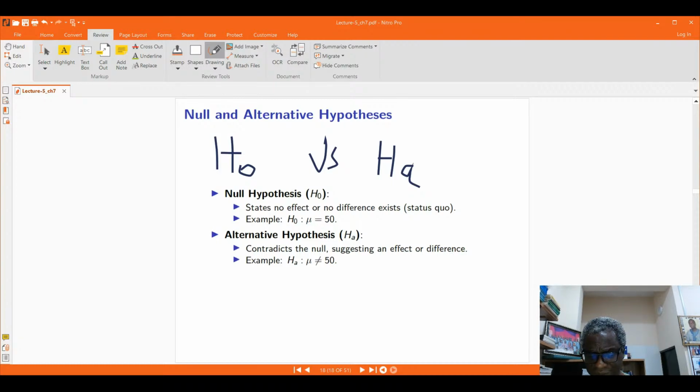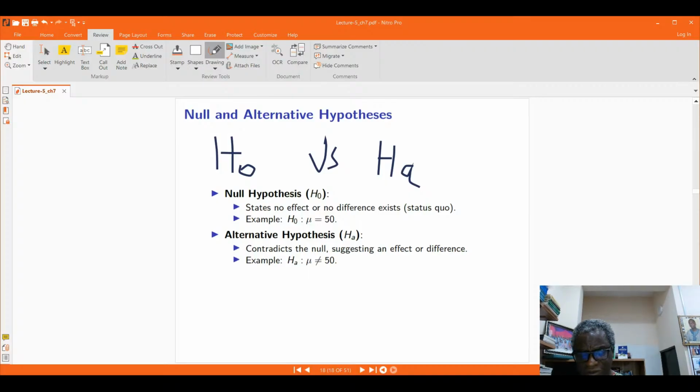So that is the null hypothesis, which is saying what the population mean is, what is known about the population mean. That is it.